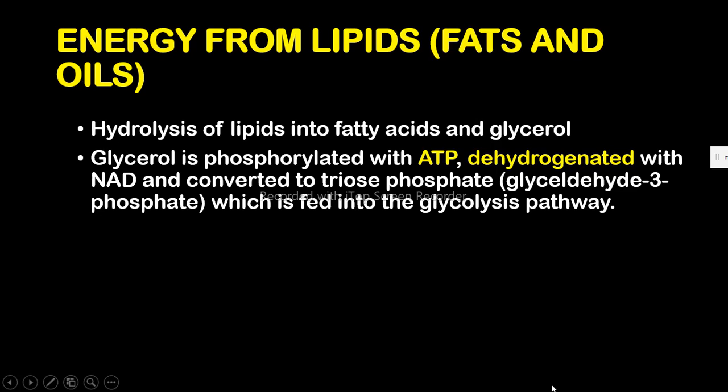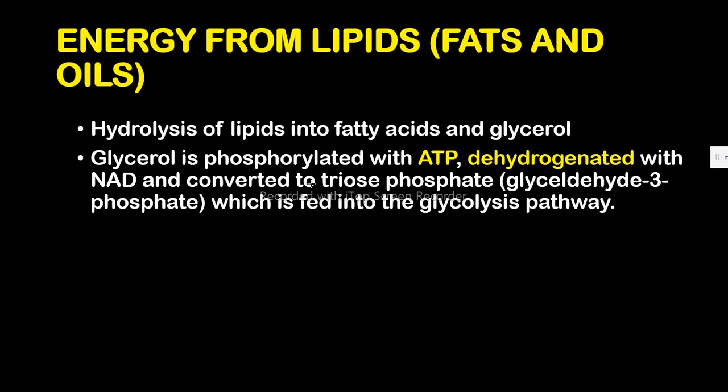How about the glycerol? For the glycerol, you're going to phosphorylate it. You add a phosphate group on the glycerol, and then you dehydrogenate using NAD, which is going to take away 1 hydrogen.